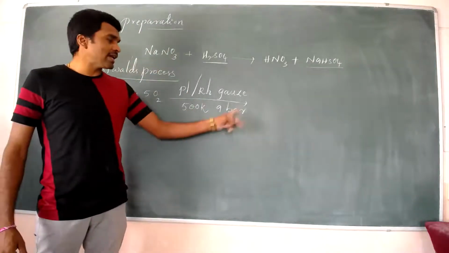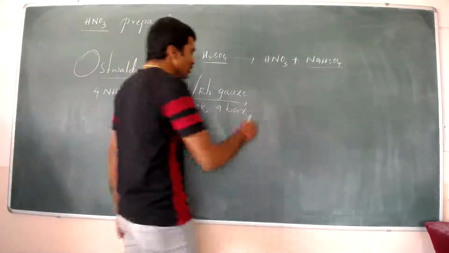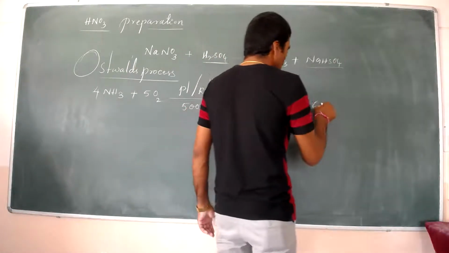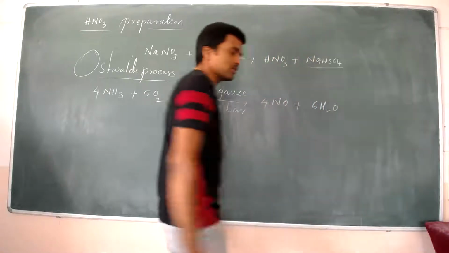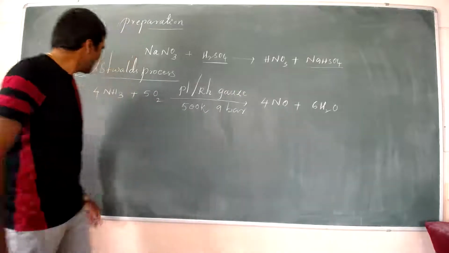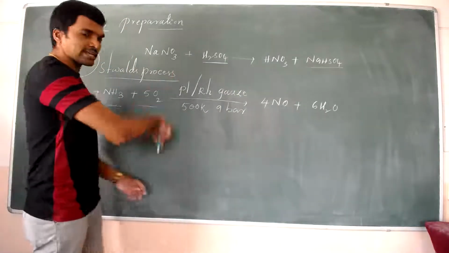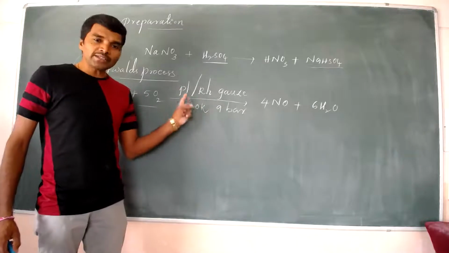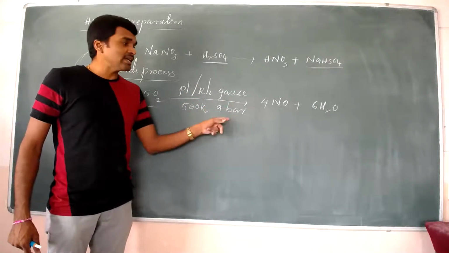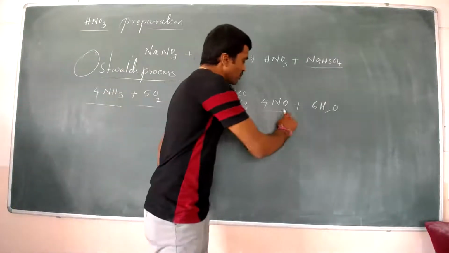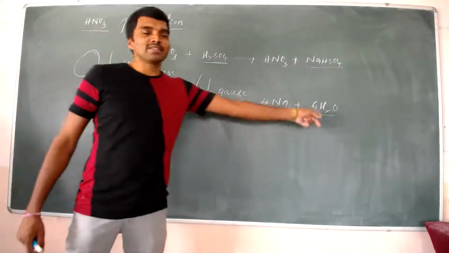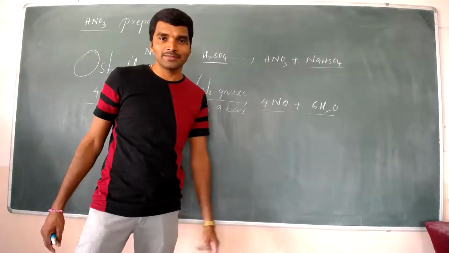Then 4 moles of nitrogen monoxide plus 6 moles of water are formed. This is the first reaction of the Ostwald process. Remember it as 4, 5, 4, 6. Easy, you can remember it now.